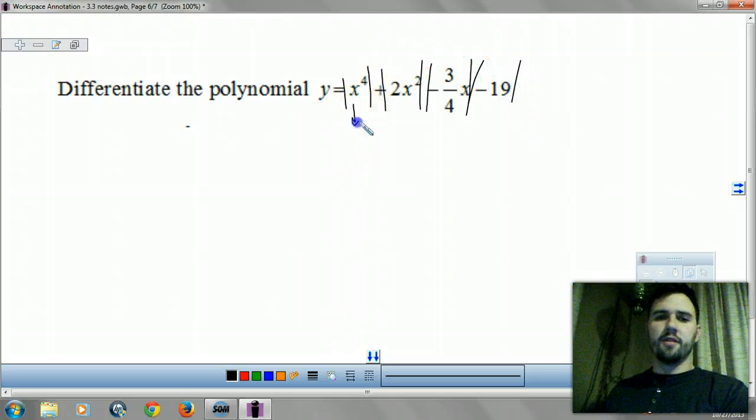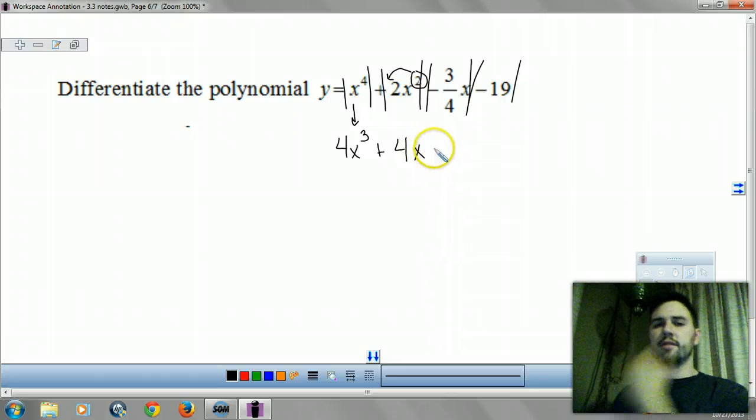So the derivative of x to the fourth is 4x, bring the 4 out in front. 4 minus 1 is 3, plus, move the 2 out in front. 2 times 2 is 4. 2 minus 1 is 1, so 4x.